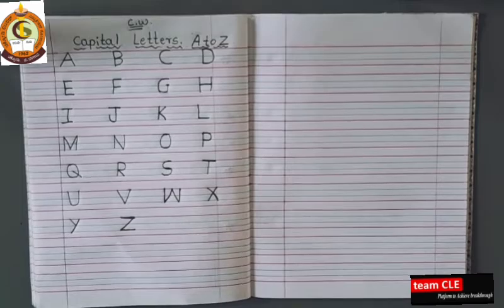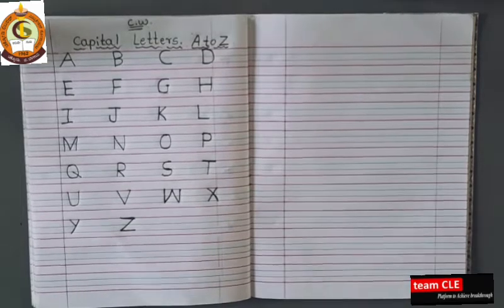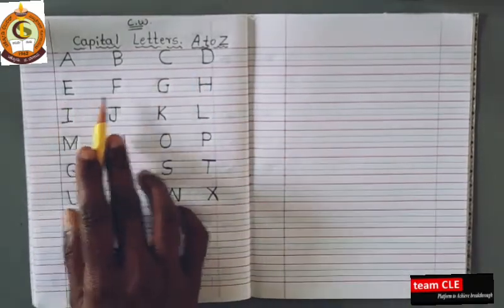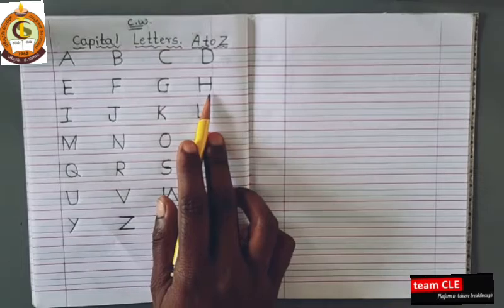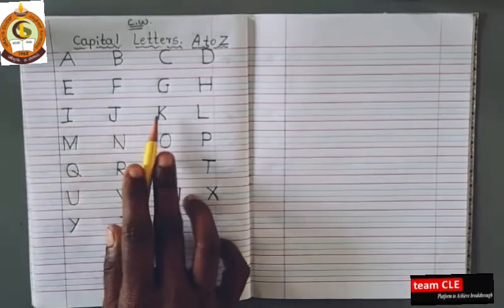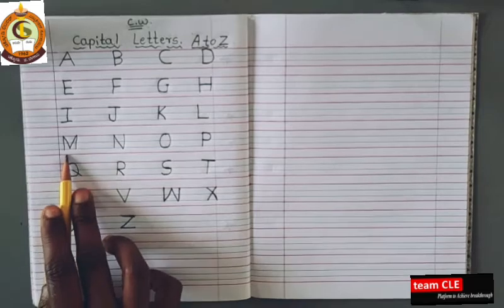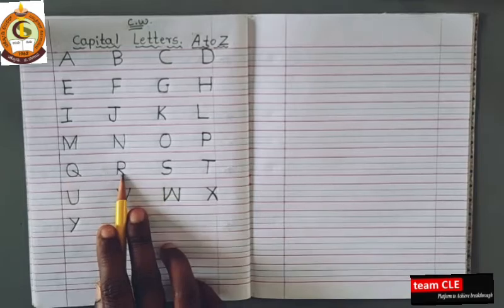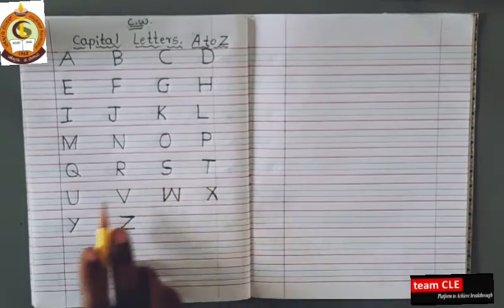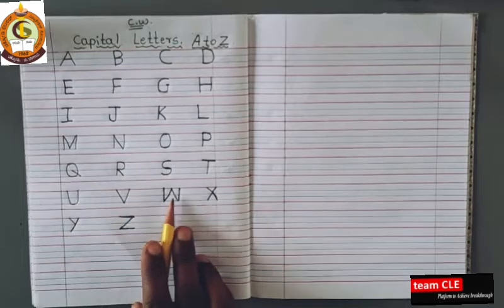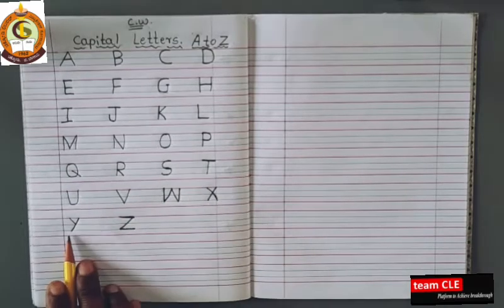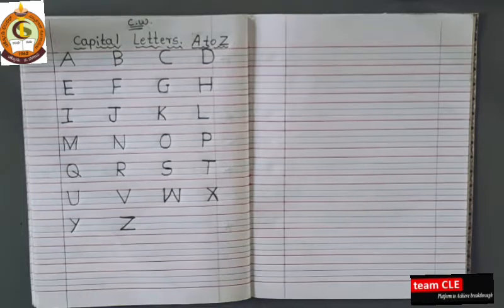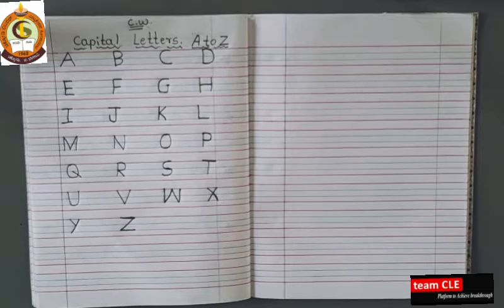Okay, so like this you have to write it. A, B, C, D, E, F, G, H, I, J, K, L, M, N, O, P, Q, R, S, T, U, V, W, X, Y, Z. Okay, so like this you have to read it, learn it and write it.